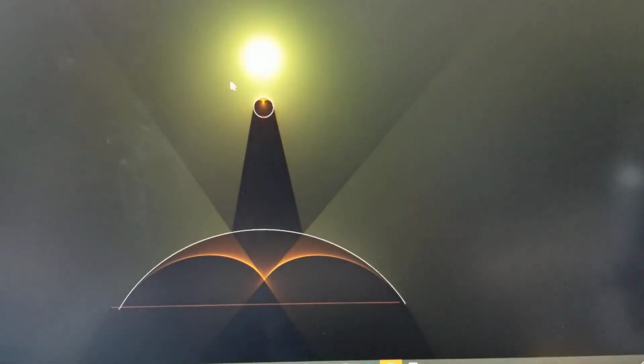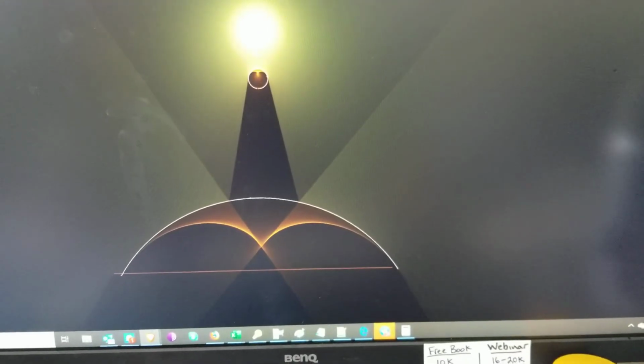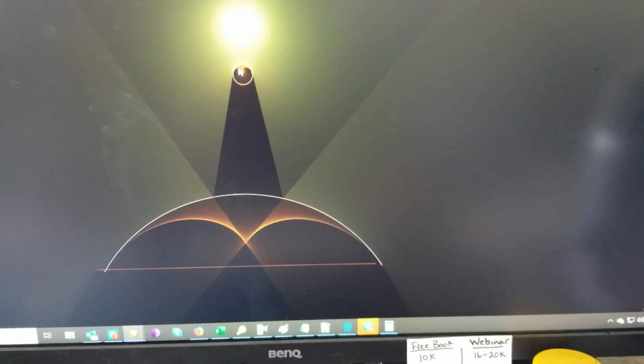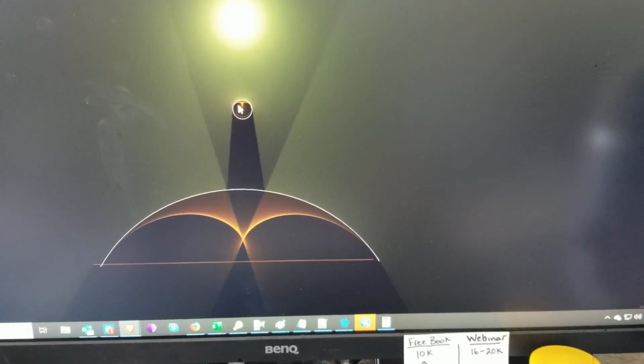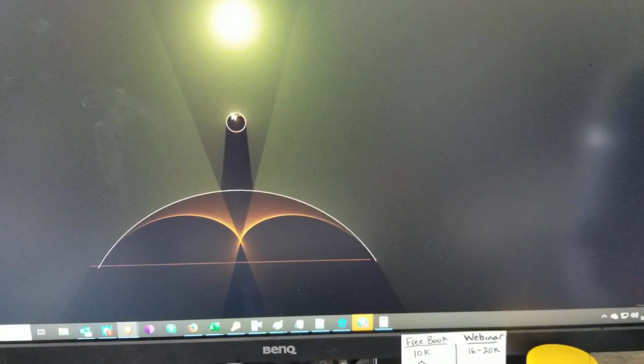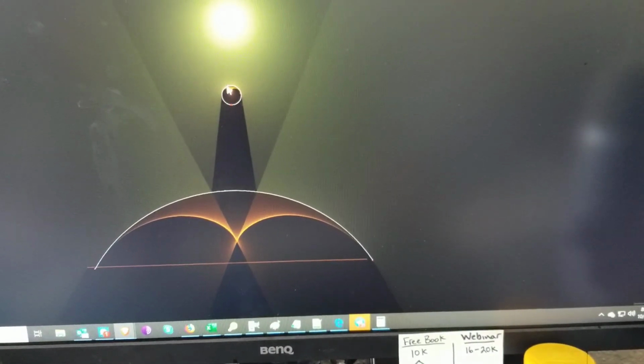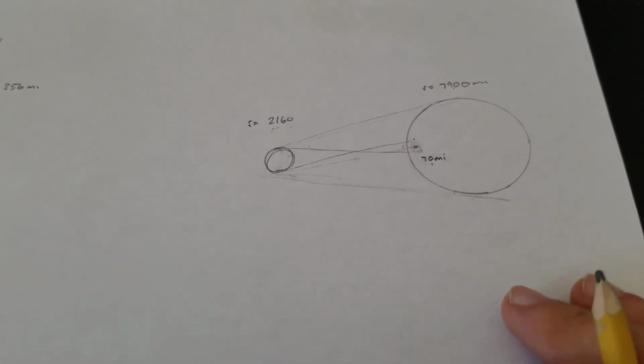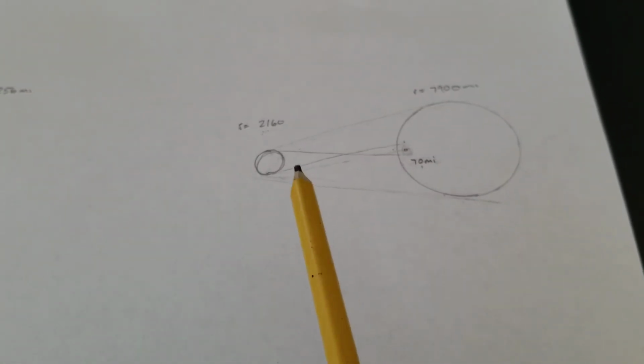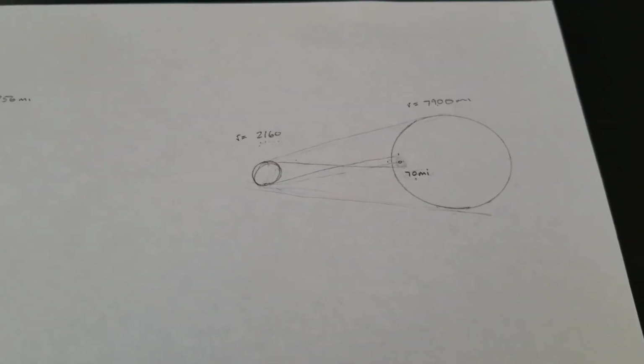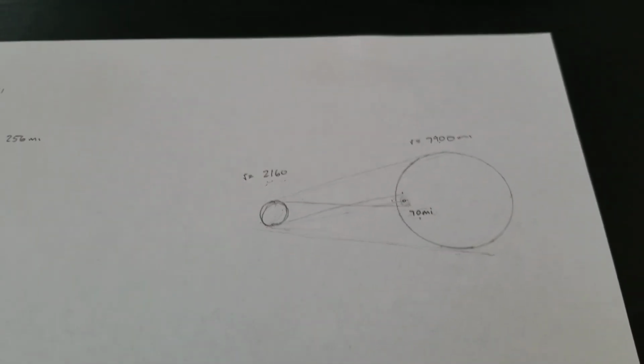And you can see that if you have a light source and you pull the ball closer, the shadow gets smaller. But as you pull the ball farther away, the shadow gets bigger. So the moon's shadow should probably cover a massive amount of the Earth.